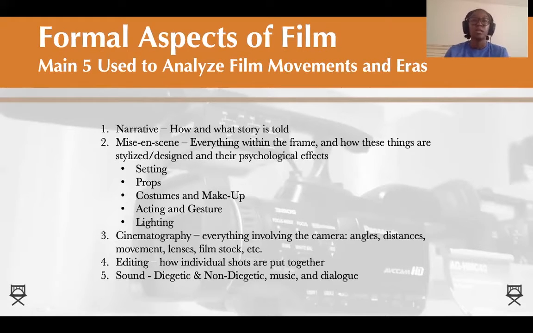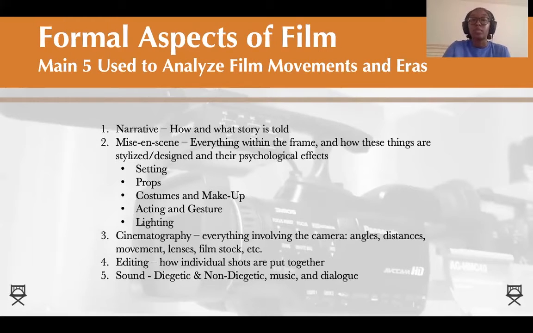Mise-en-scène basically means everything within the frame, and that could include setting, props, costume, acting and gesture, and lighting. All of these end up affecting the audience's psychological perception of the film itself. So we're going to look at how they basically affect the audience's perception.